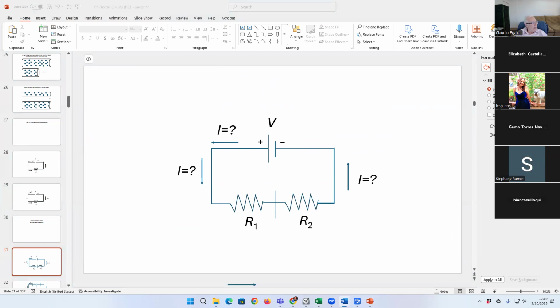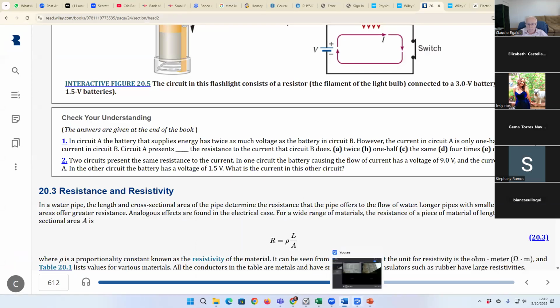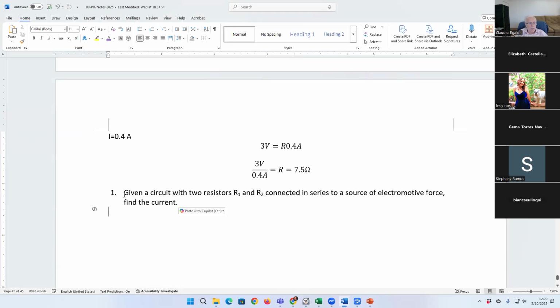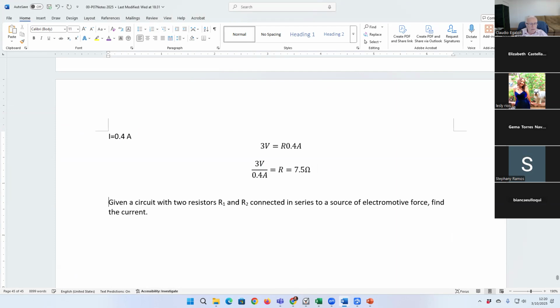We can do this example as well. It's a little bit more complicated than you saw before. Circuit with two resistors connected in series to a source of electromotive force V. Find the current.